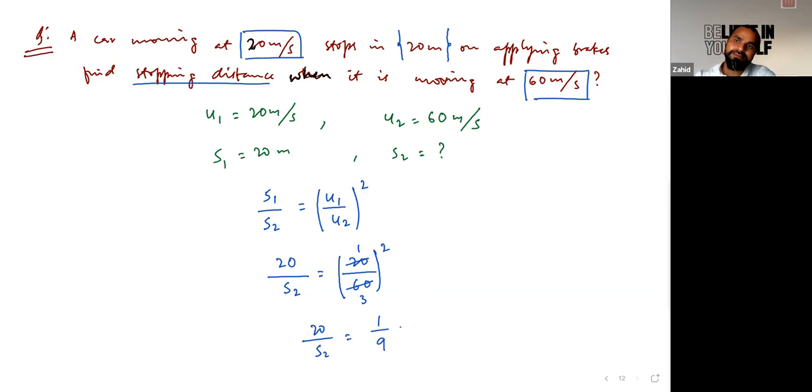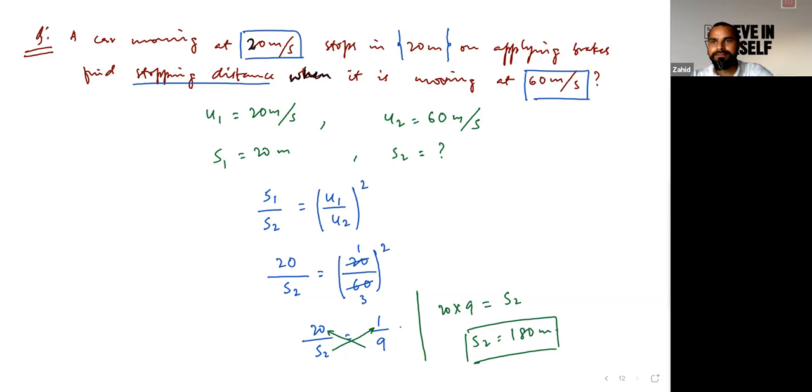Now what will we do? Just cross multiplication. 9 would multiply with this part and S2 would be multiplied with this part. So it would be 20 into 9 equals S2. So S2 would be 180 meters.